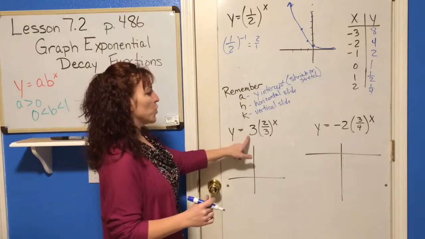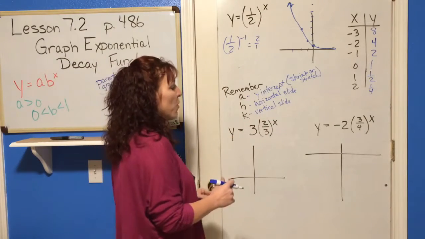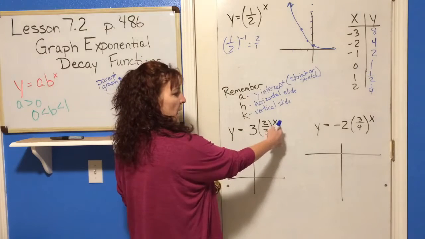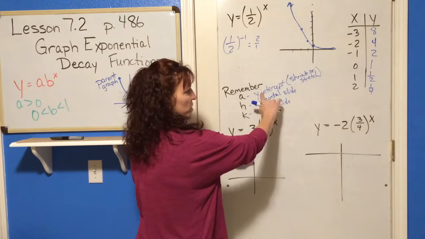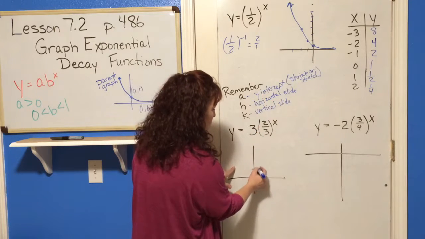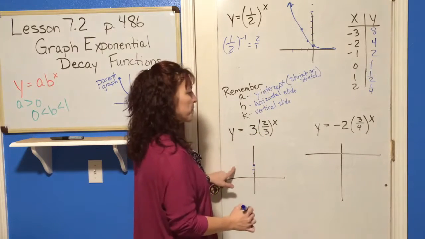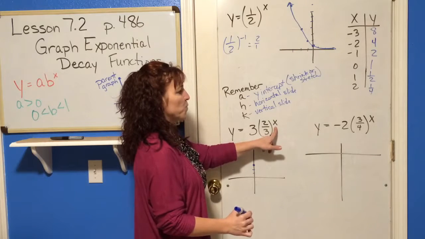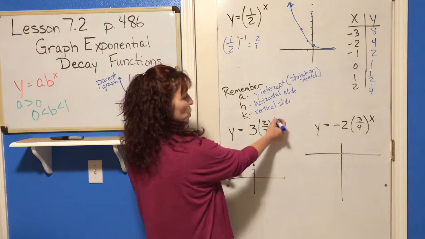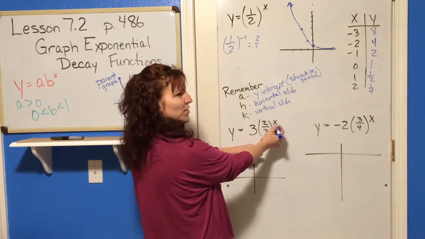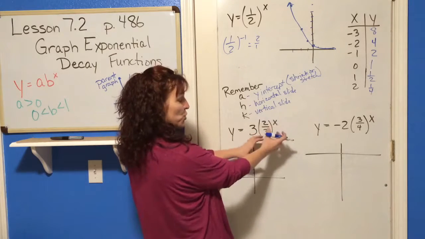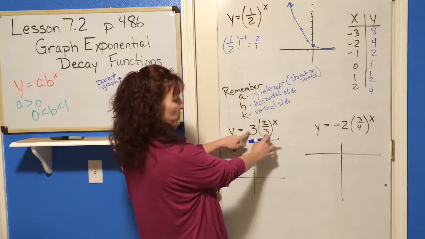So if y equals 3 times 2/3 to the x power, we know that if we put in the 0, that's going to make this equal to 1. So 3, remember, is our y-intercept. So 0, 1, 2, 3, there's a point there. And if we put in 1, 2/3 to the 1 power is just 2/3, times 3 ends up with 2.